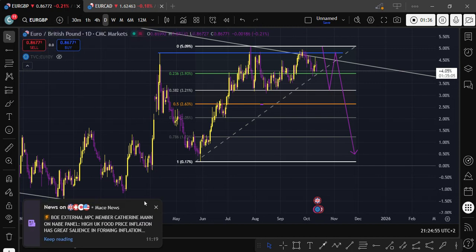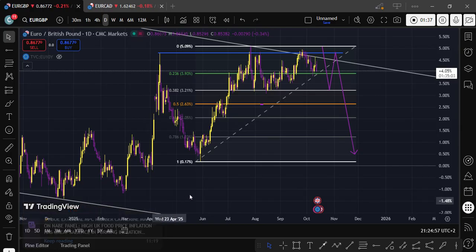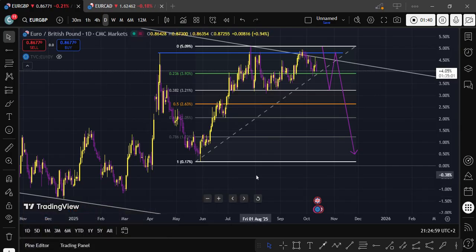had been continuing over a year, because from June to now we're in October. It's almost 18 months of interest rate cuts. So the euro is really not getting where it's supposed to be.